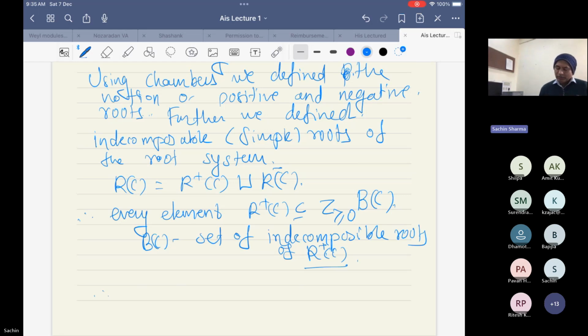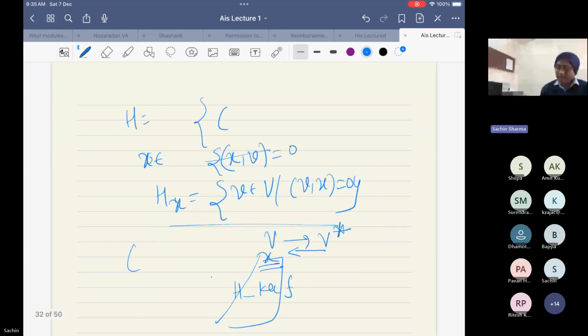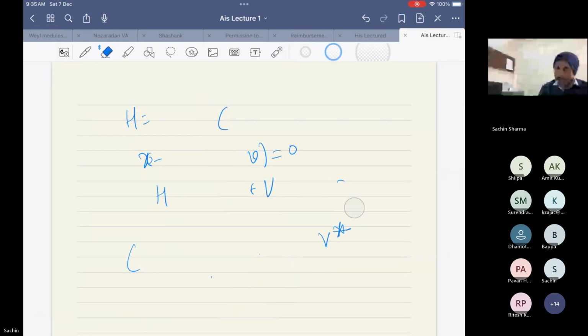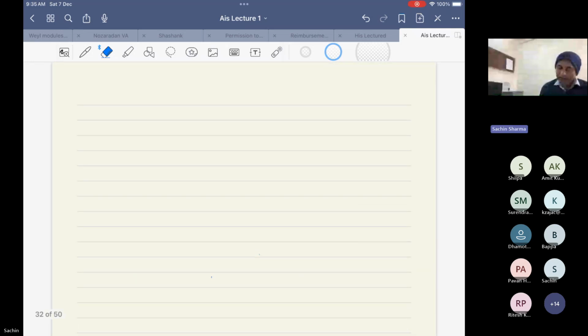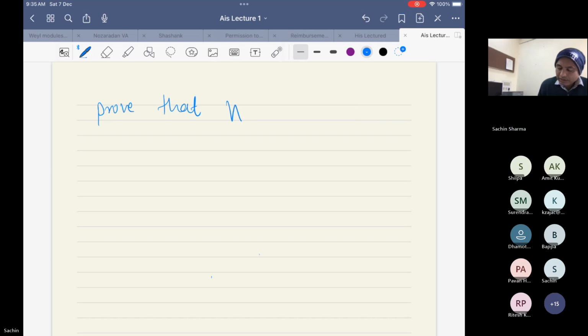What is more, an application of those things that we considered was the Weyl group, and we proved that W is nothing but WS, where WS is generated by all the simple reflections.